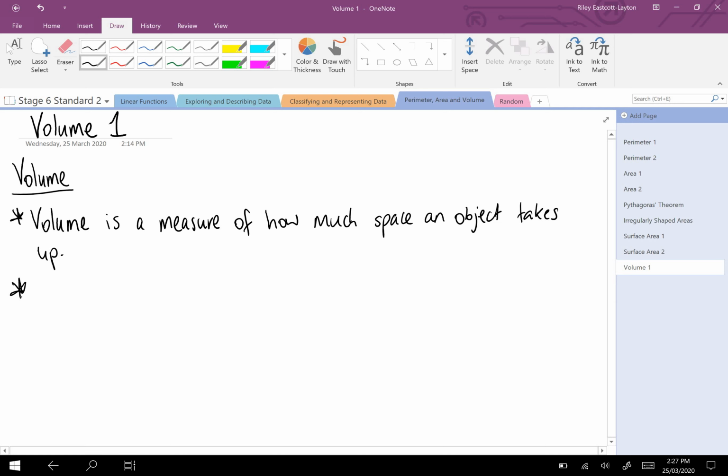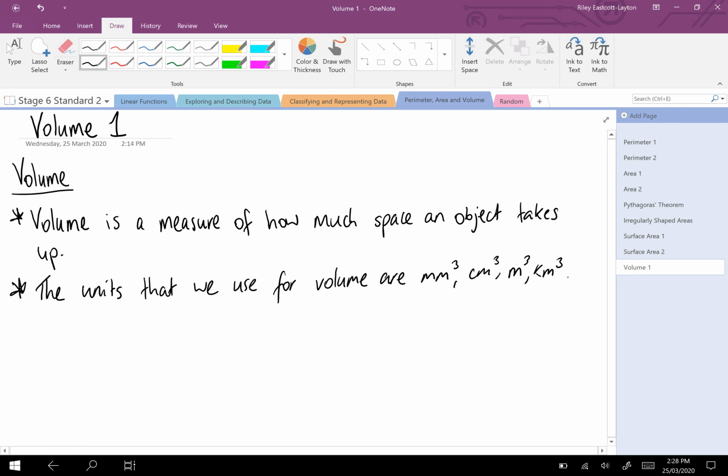So we will say the units that we use for volume are millimeters cubed, centimeters cubed, meters cubed, kilometers cubed, and we'll just say etc. So there'd be a few other ones there depending on how big or small we want to go.